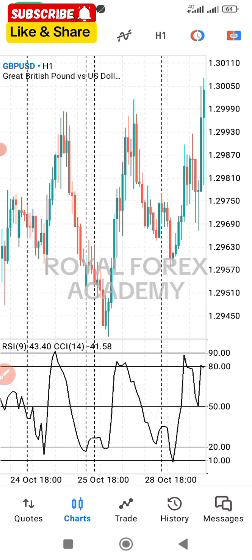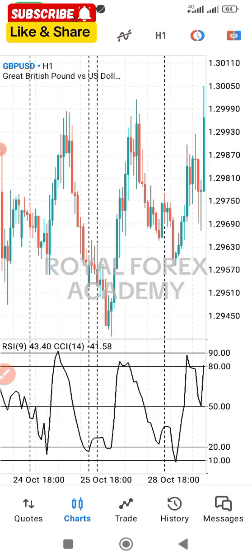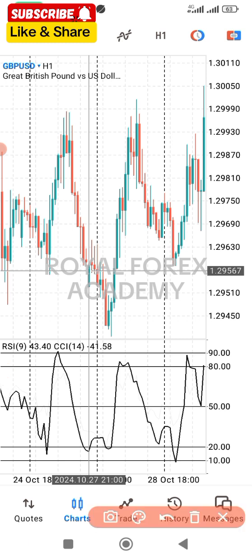Great. Here we have a similar example. And this, you can see this loop carefully. See this point where we have this, right? And then we have this. And then this.